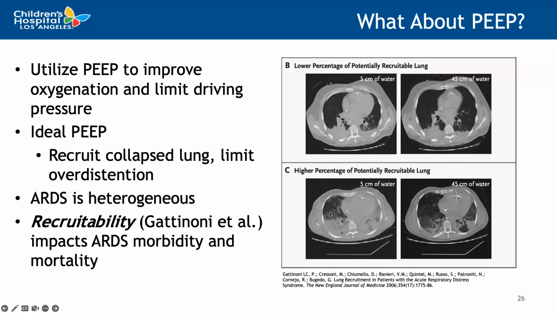Conversely, the patient in the bottom of the screen, again, has pretty significant areas of collapse, more in these posterior areas of lung. And when they undergo a recruitment maneuver from 5 centimeters of water to 45 centimeters of water, a lot of this area of atelectasis or collapse is overcome, suggesting that they may have recruitable lung disease.